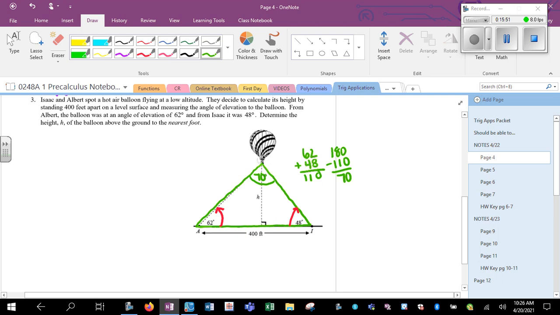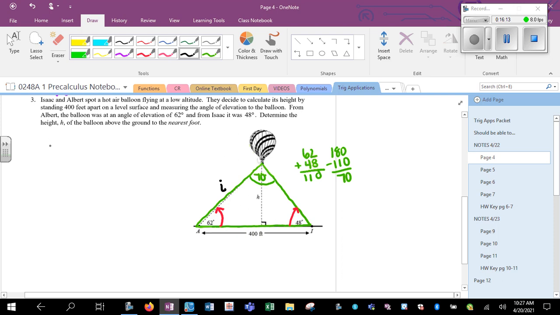I am going to set up the law of sines, but I can't find h yet because that's on the inside of the triangle. So I'm going to find one of my sides. I'm going to find the side across from Isaac. I'm going to call it little i because it is opposite the capital I for our angle.